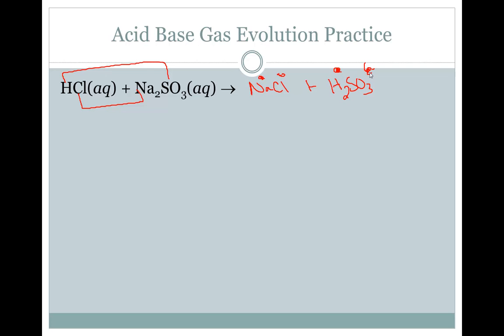Let's take a second to make sure everything's balanced before we continue, because it'll make our lives easier in the future. 2 sodiums, that changes the amount of chlorines. That changes the amount of hydrogens to 2, which balances that out. So we're good. The next step, see if we have sulfur. We have sulfur, but it's part of a polyatomic ion, so it's not going to produce H2S.